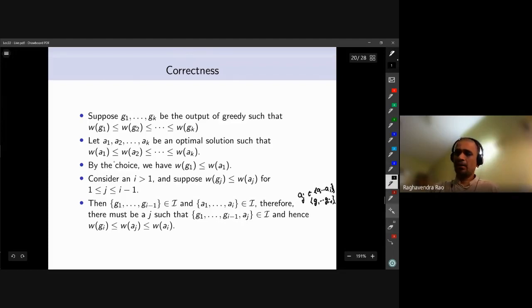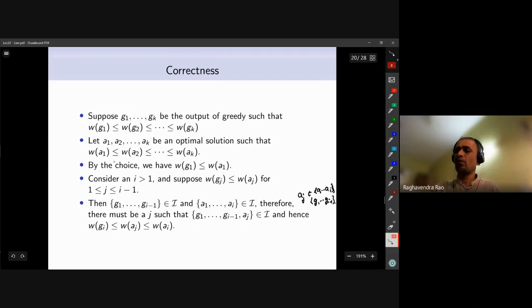But then, what was my choice for Gi? So I chose Gi as the smallest among all those elements that can be added to G1 to Gi minus 1 so that it still remains independent.